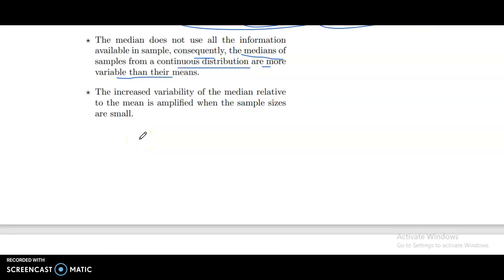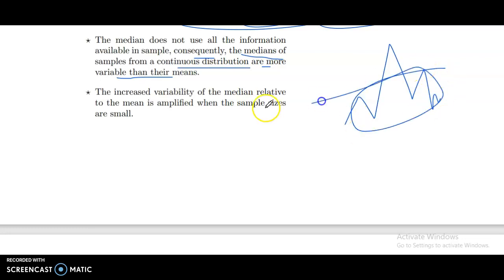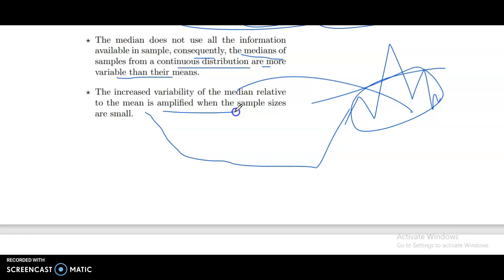The increased variability of the median relative to the mean is amplified when the sample sizes are small.